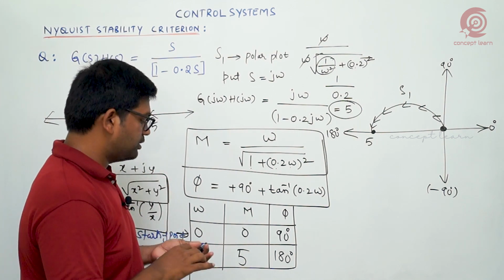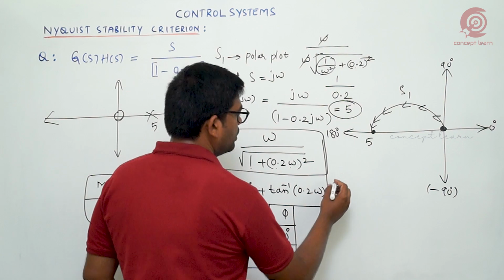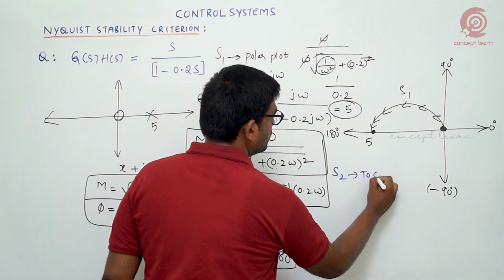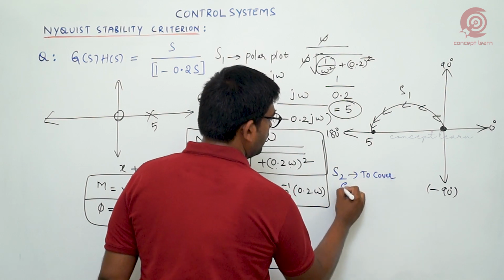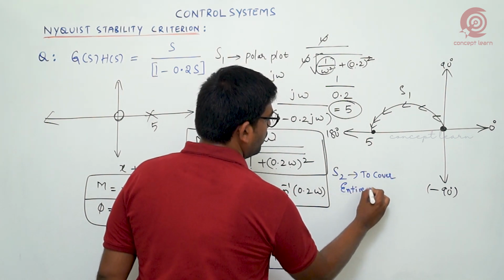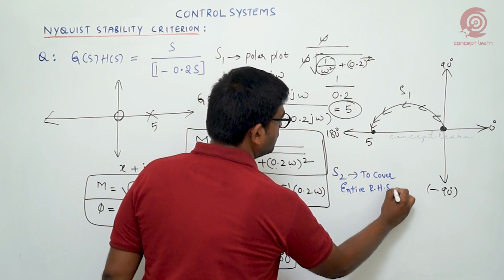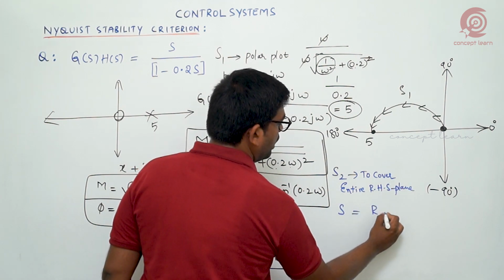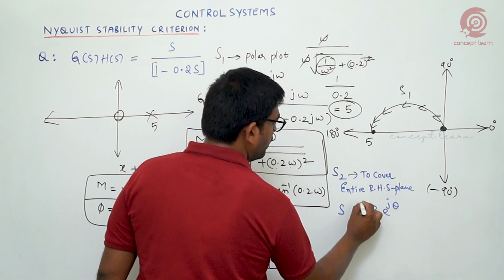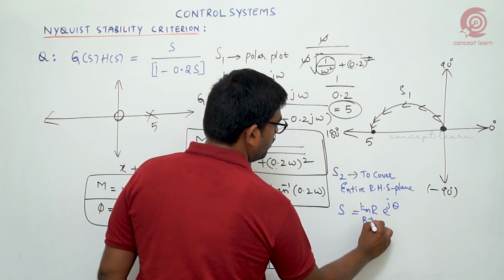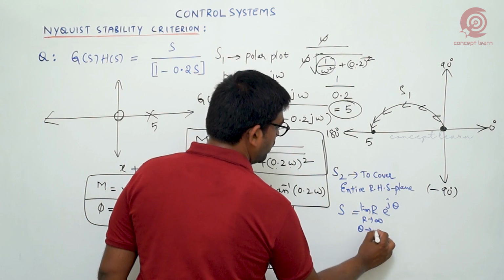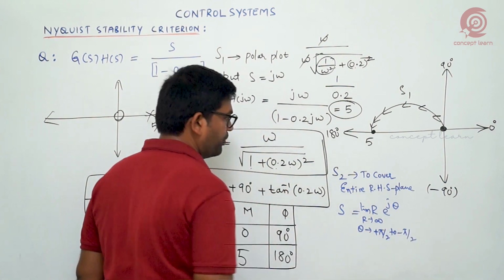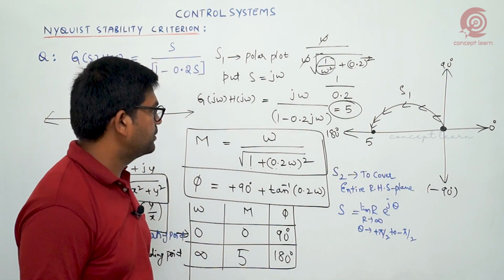Now what is S2? If you map S2, S2 means to cover the entire right hand side of the S plane. What we did, wherever S is there, we substituted r e power j theta, but the limit r tends to infinity, and theta is from plus 90 to minus 90. We substituted in constructing the S2 path.